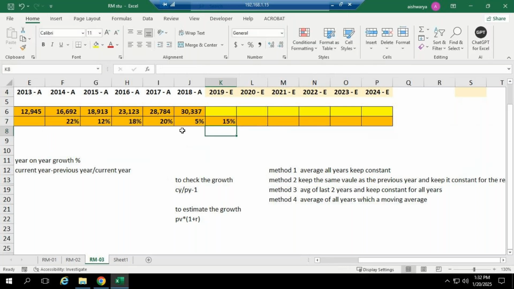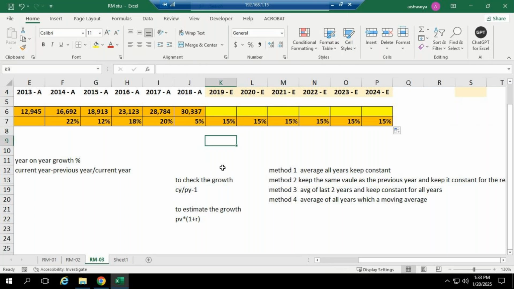Now we got 15%, and keep constant for every year. So 15%. This is the first method.